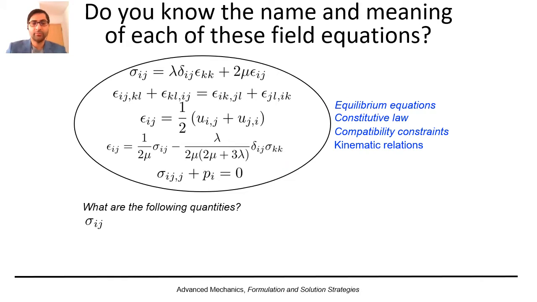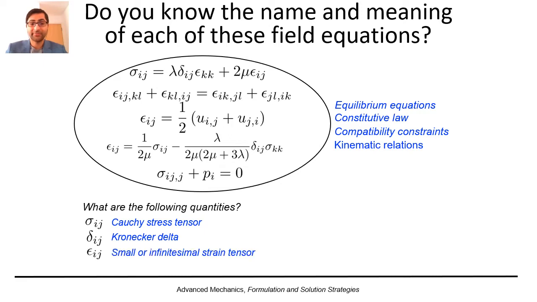Okay, what are the following quantities? We have sigma, it's the Cauchy stress tensor. We have delta, that's the Kronecker delta. We have epsilon, which is our small or infinitesimal strain tensor.